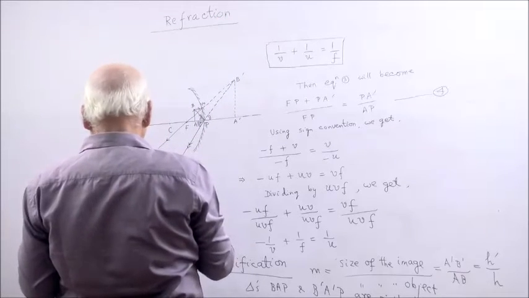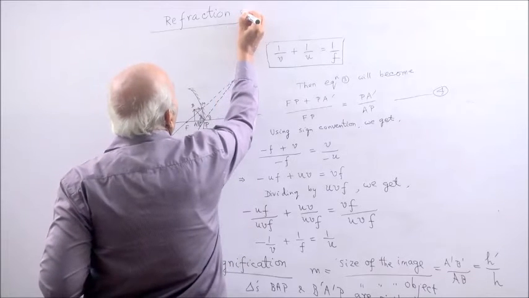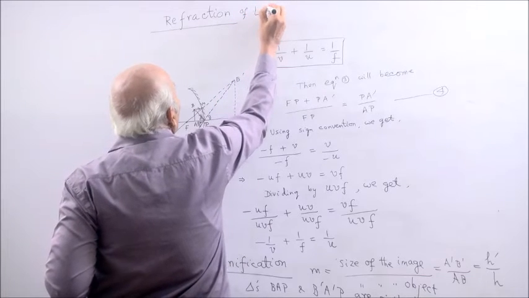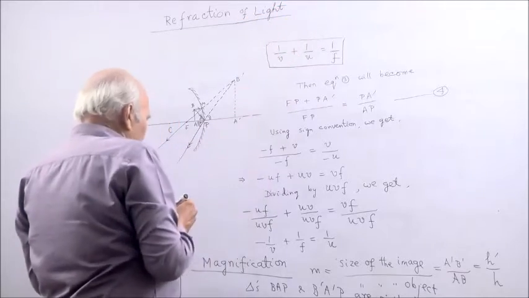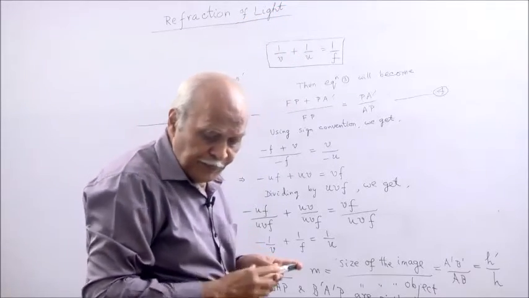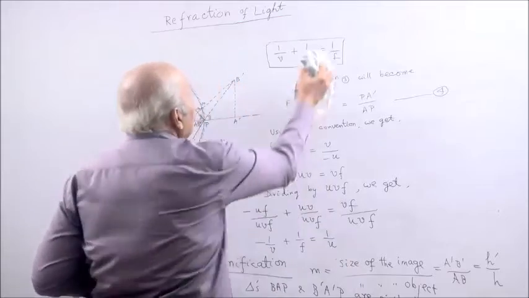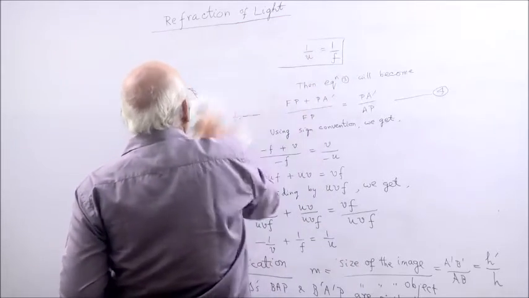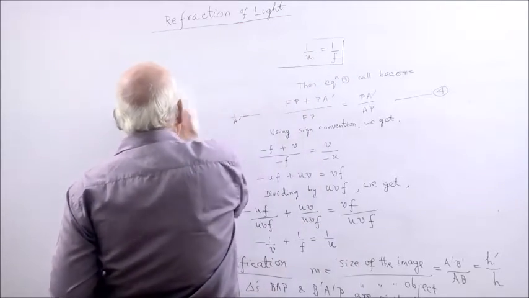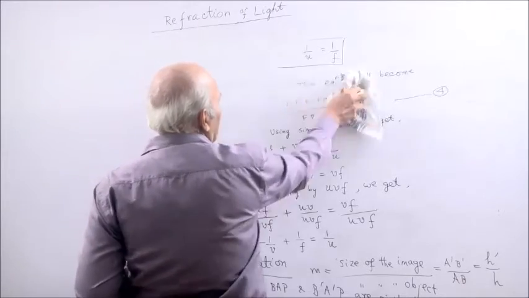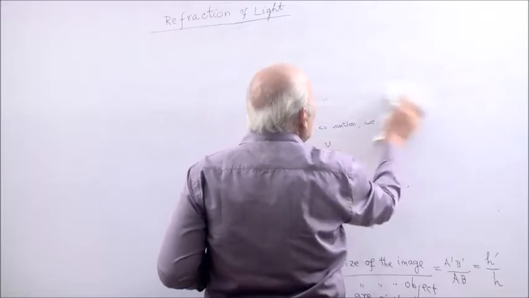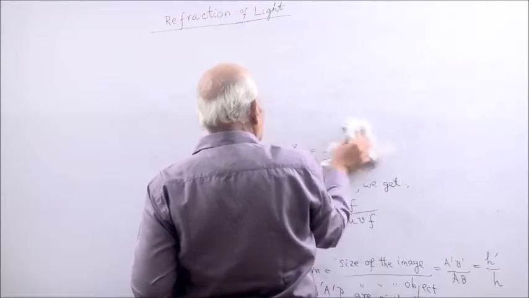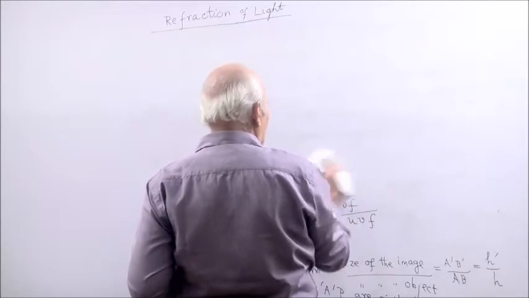We go to the refraction of light. This is a phenomenon where a ray of light incident on a glass slab or water is found to bend towards the normal.